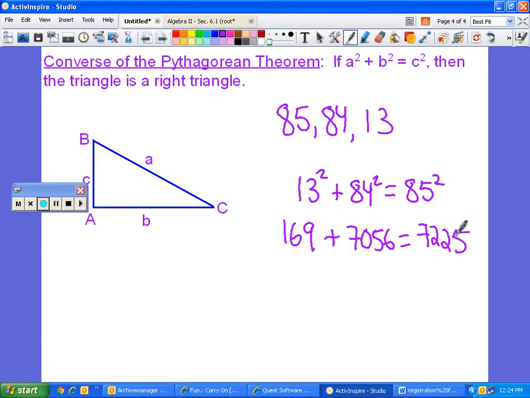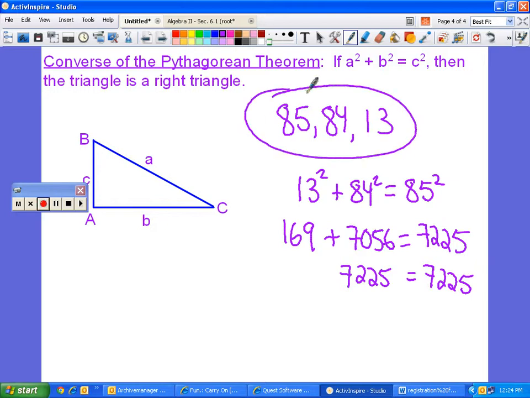Now I add these two numbers together, 169 plus 7,056, and it gives me 7,225. Since 7,225 equals 7,225, I can say that yes, a triangle with these three sides is a right triangle.